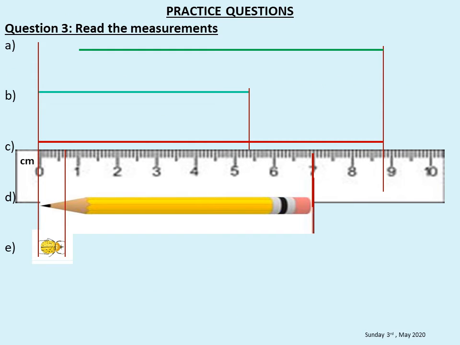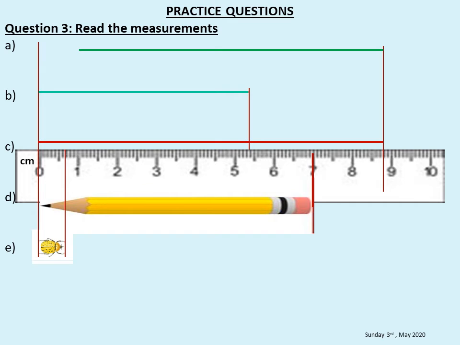Now this is question 3. All you need to do here is write question 3, A, first line. That's how you're going to answer, first line. Then you write your answer. How many centimeters? Or if it cannot be measured, you write the answer. Then B, you write line 2.